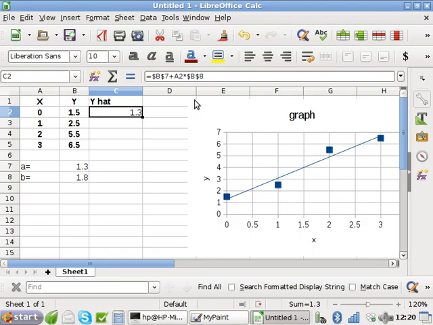Alright, give me the next value. Tell me what the next one you think it should be. So, the value here on the line. 3.1 and so on. Okay, please add these to your table. So these are the predicted values.